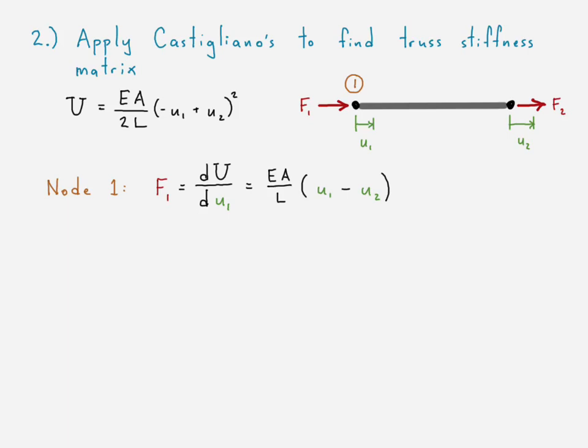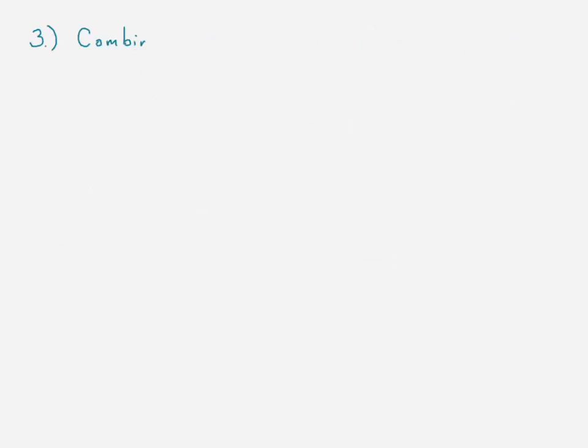And so that's exactly what we're doing here with our truss element. We have node 1, and we're going to do the same thing to node 2. And once we have those equations, then we just combine them to form the stiffness matrix for the truss element.